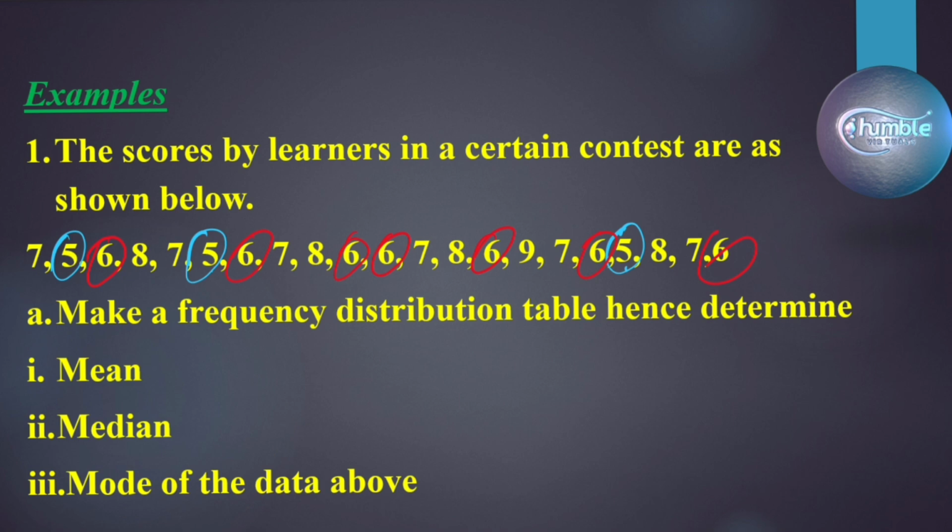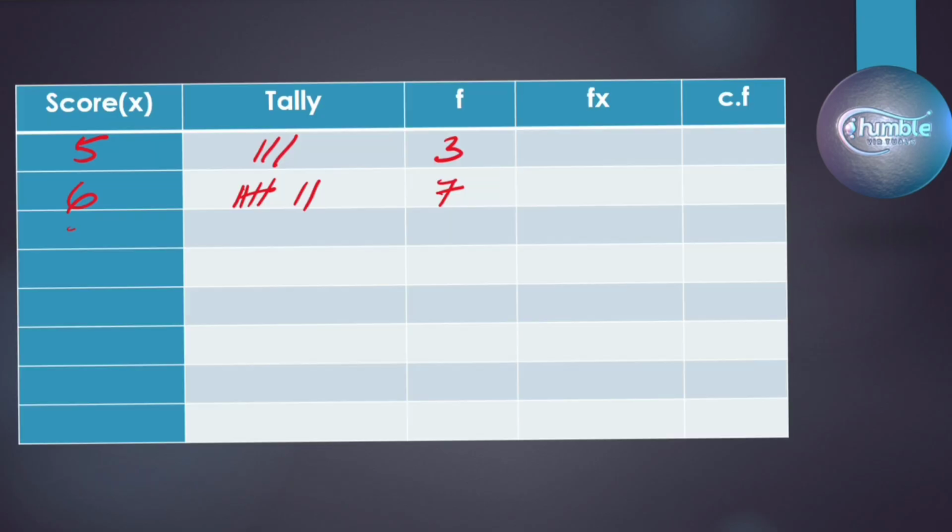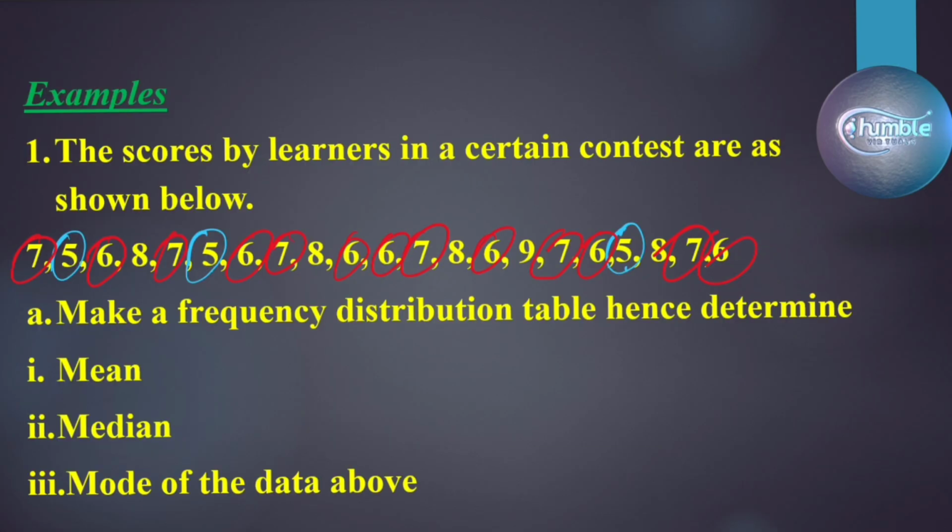The next score will be 7. How many times does 7 appear? 1, 2, 3, 4, 5, 6. 7 is appearing 6 times, so the frequency here is 6. The next is 8. How many times? 1, 2, 3, 4.